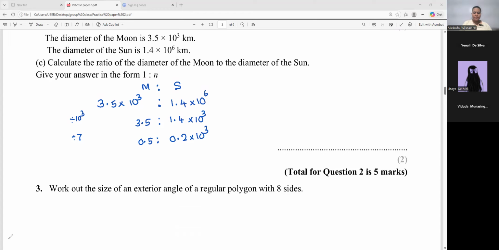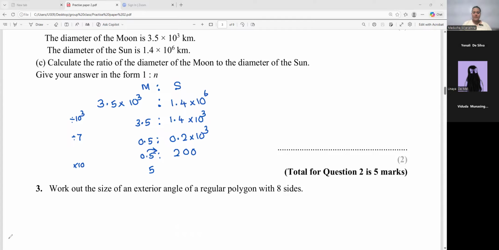Now this is 0.5. Other side I can write in ordinary form: 0.2 into 1000 is 200. We don't keep the answers in decimal form. When we are simplifying ratios, we have to convert into a whole number. To remove this decimal point, I will multiply by 10.